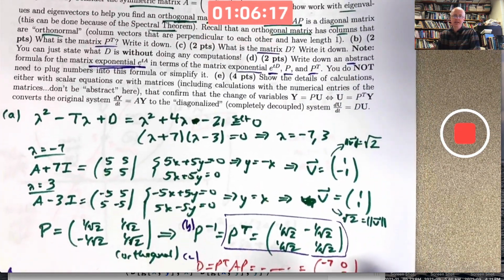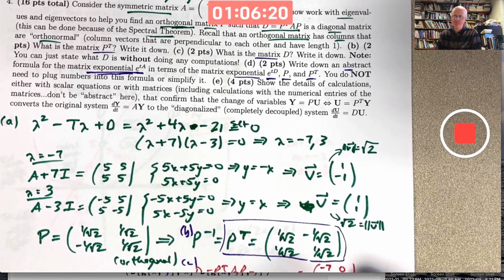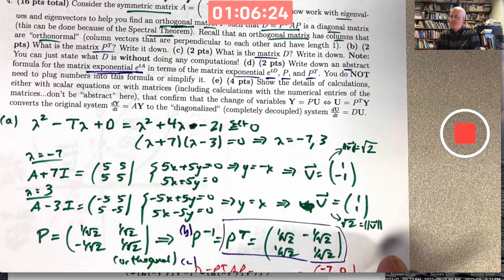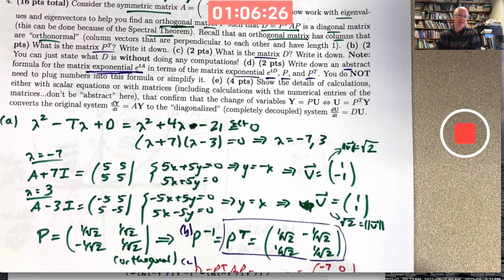Matrix exponential is e to a matrix power. It's defined by a Taylor series, which I don't want to take the time to find, but it helps you solve the differential equation. That's its purpose.